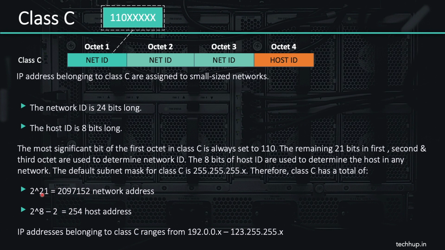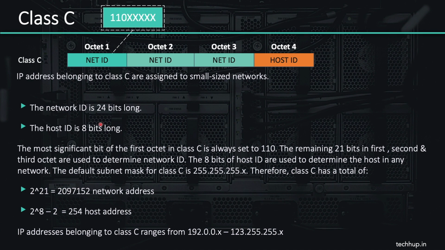So we raise 2 to the power of the number of bits available for network addressing. As I told you here, the first 3 bits are allocated and reserved for class C type of IP addresses. Hence, we are left with 21 bits here.